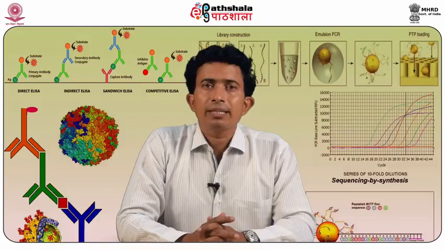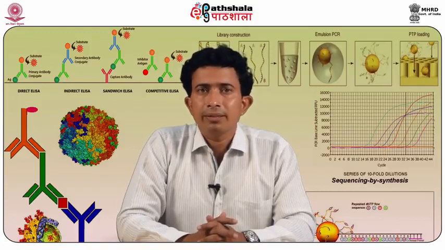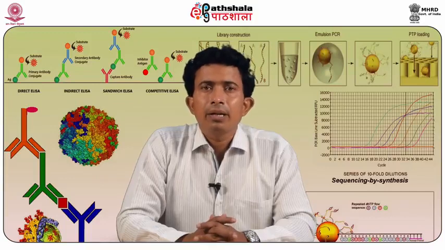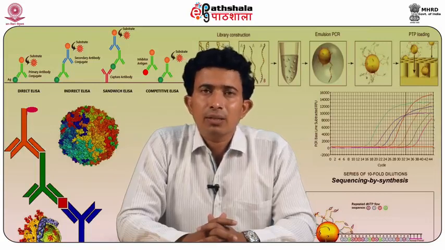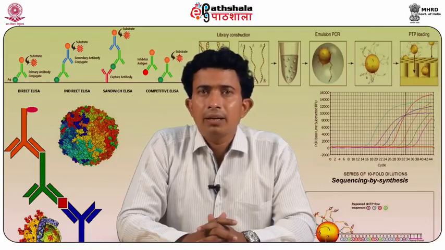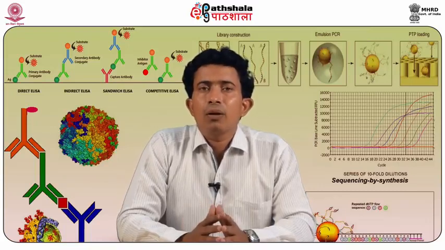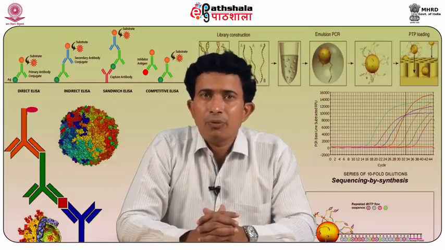The Sanger method of DNA sequencing is based on the principle of sequencing by synthesis. Here, dideoxynucleotides are used, and incorporation of these dideoxynucleotides will result in termination of the chain. So this is the basic principle on which the dideoxy chain termination method of Sanger is based.